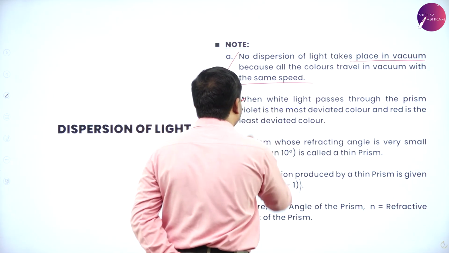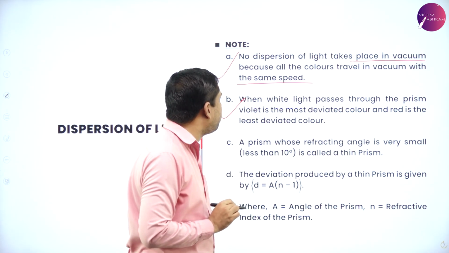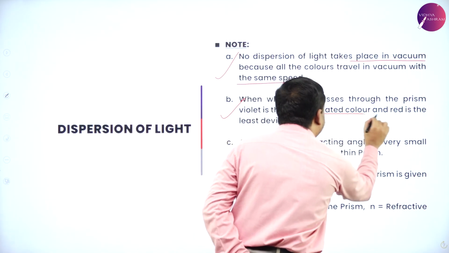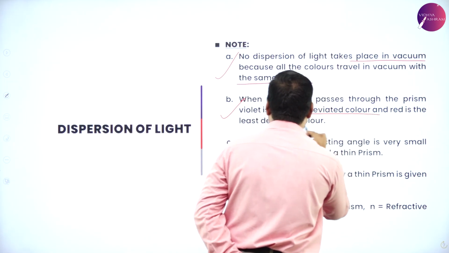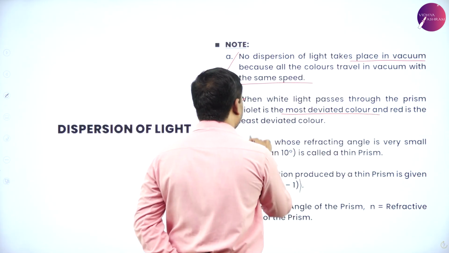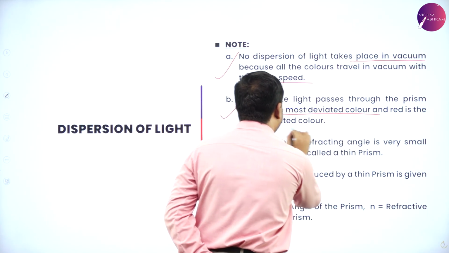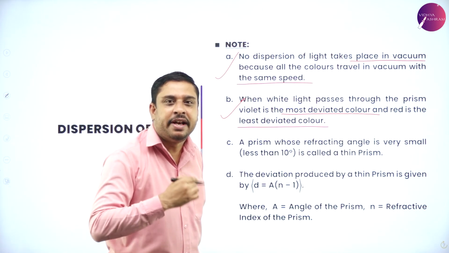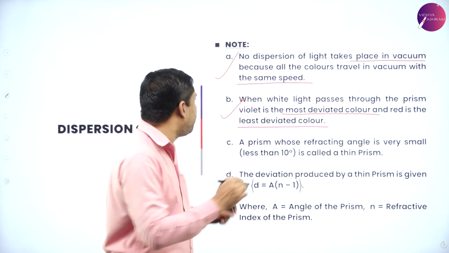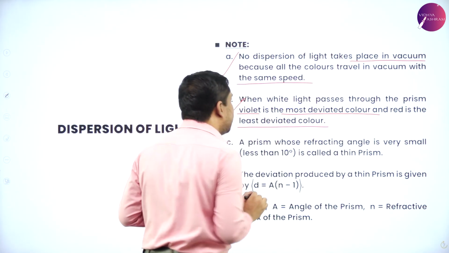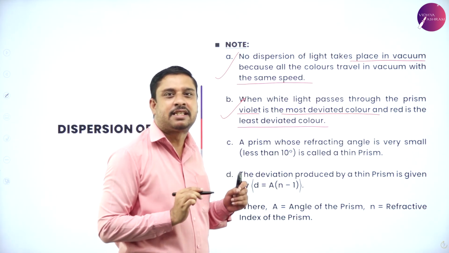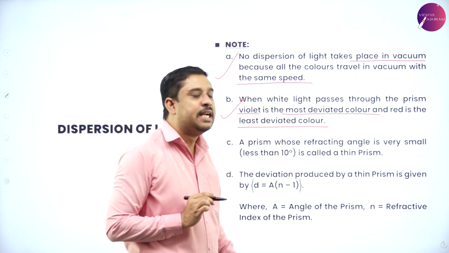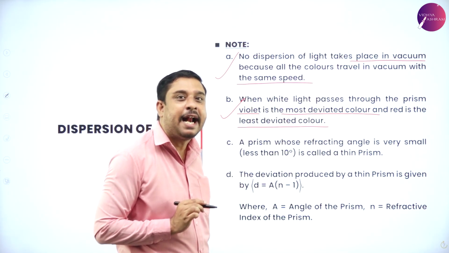When white light passes through a prism, the most deviated color is violet, and red is the least deviated color. Whenever dispersion happens, violet has the highest deviation and red the least deviation.